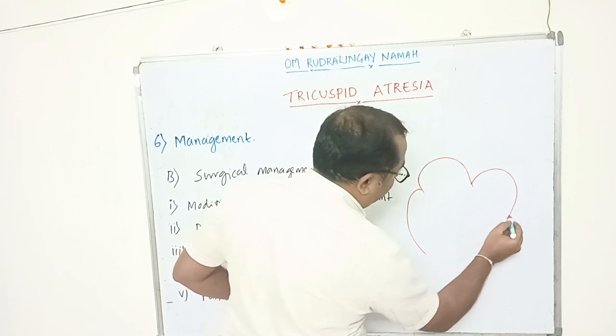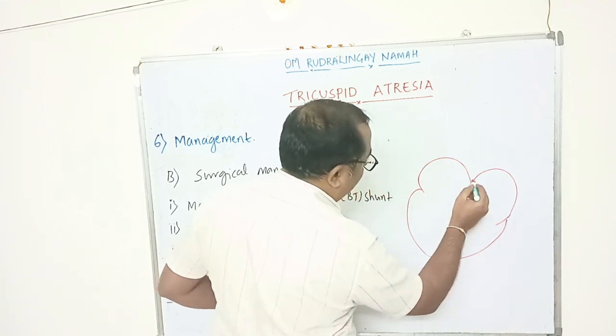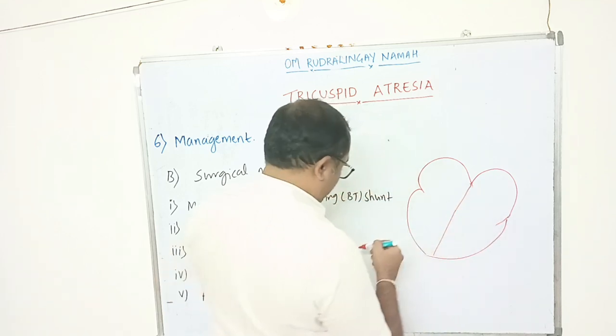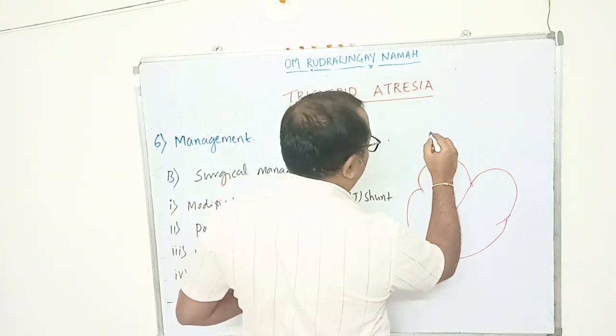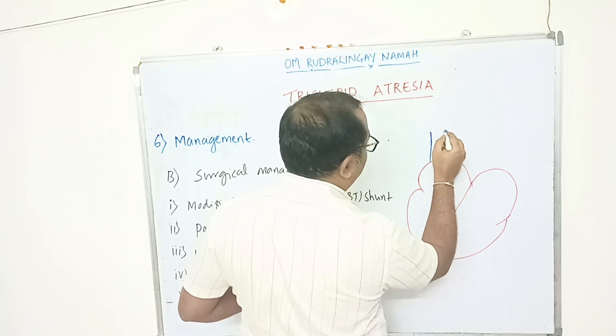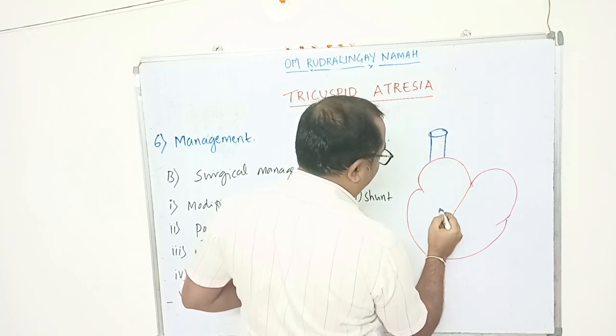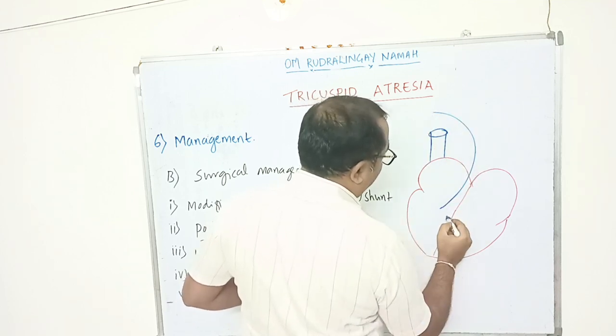So what we do in the Glenn shunt? This is the superior vena cava.